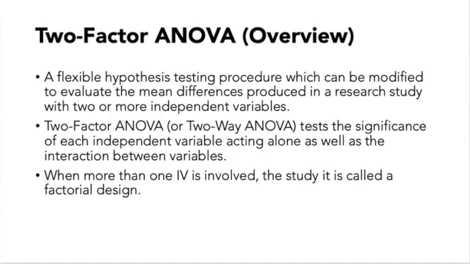Because I have only one independent variable, and that independent variable in this example is the type of drug. So a two-way ANOVA or a two-factor ANOVA is required in instances when you have more than one independent variable, which means you have another factor, and this second factor would also have its own groups. So in such a situation, you should, of course, go ahead and use two-way ANOVA.